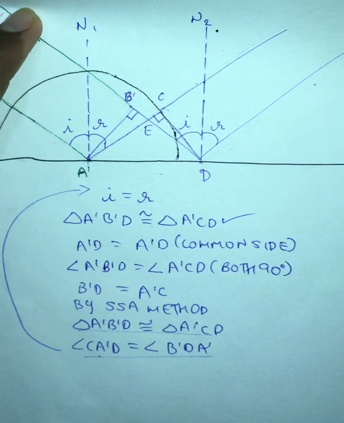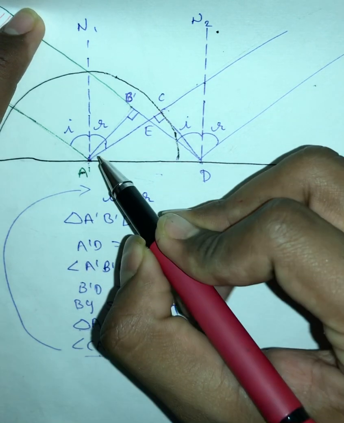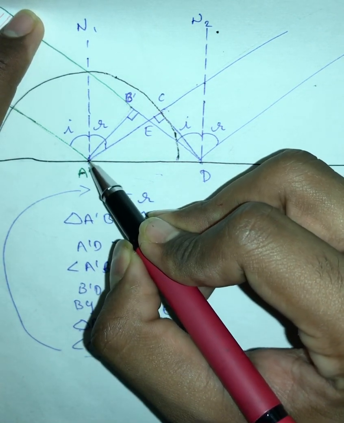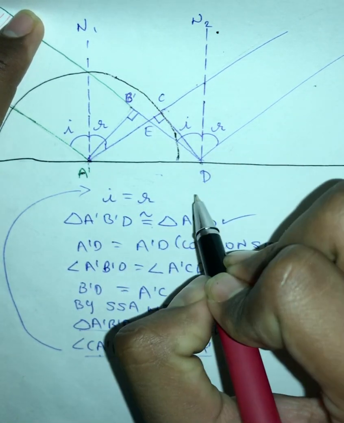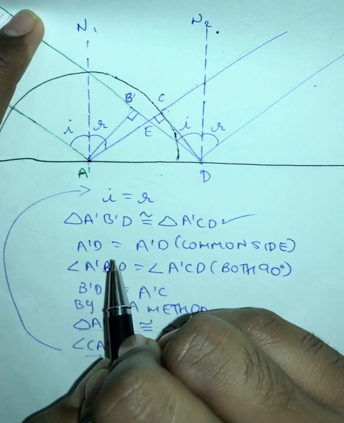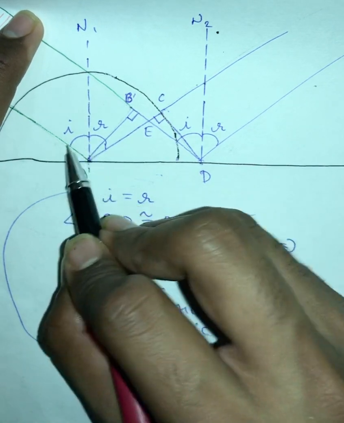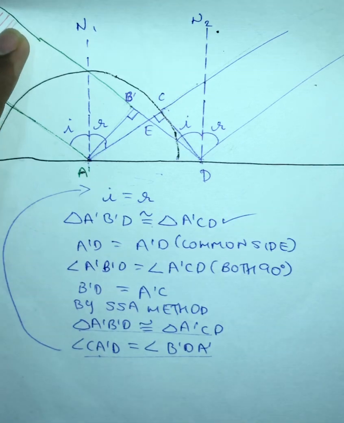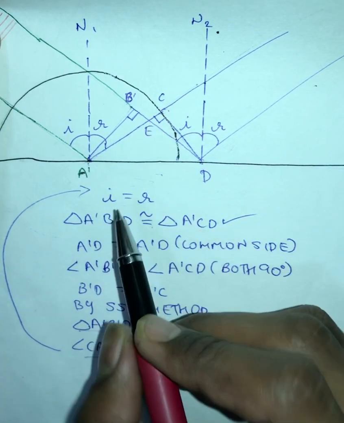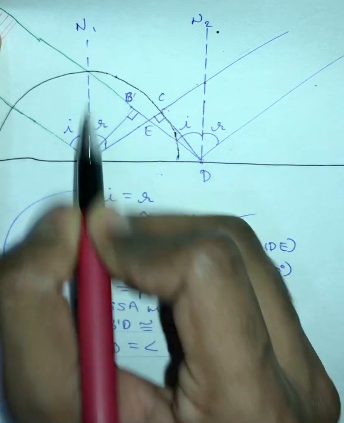So now if you observe carefully, A' B' D is one triangle, and angle I is a corresponding angle to this triangle because it is beside the normal.